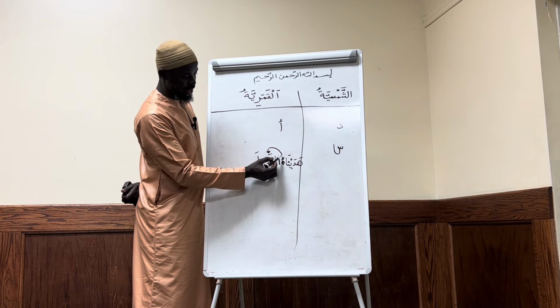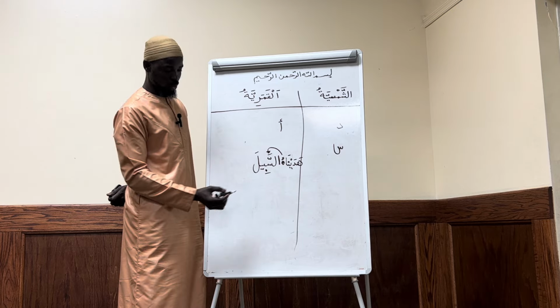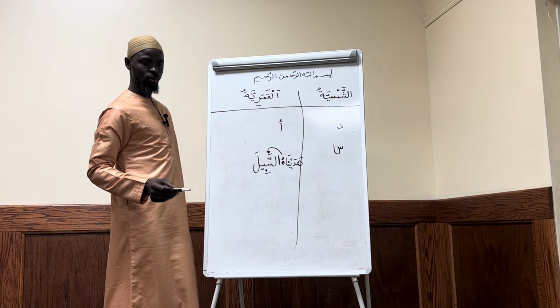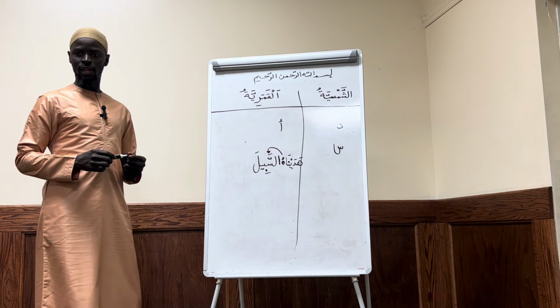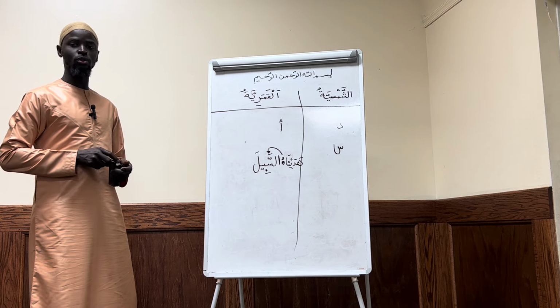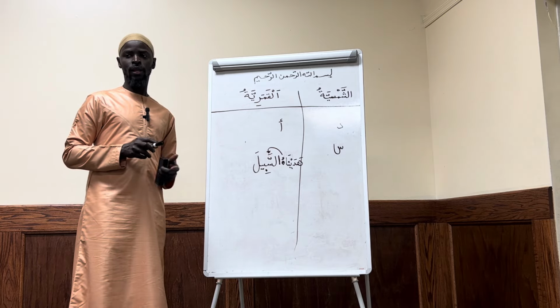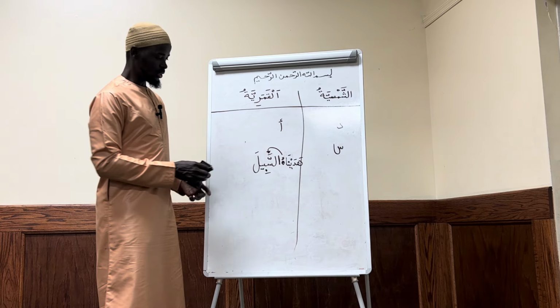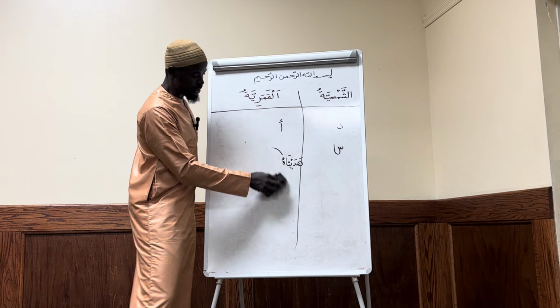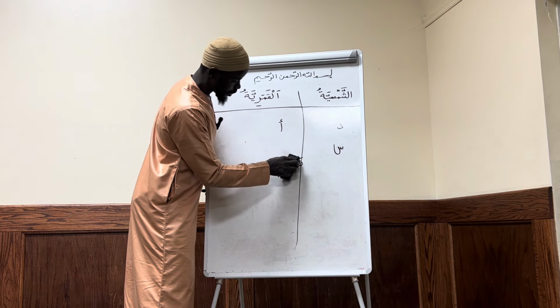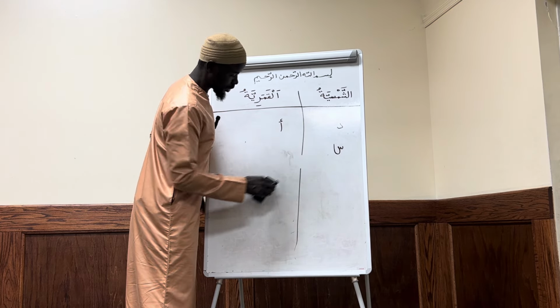Inna hadaynahus sabil. You don't need to read this lam, it's off. So the moment you say as-sabil, you know that sin is a sun letter. Imma shakiran wa imma kafura.